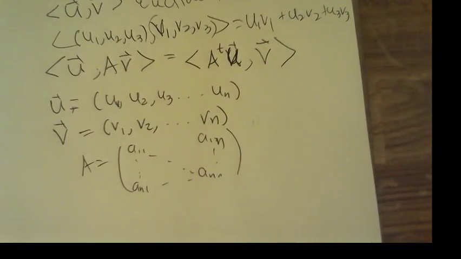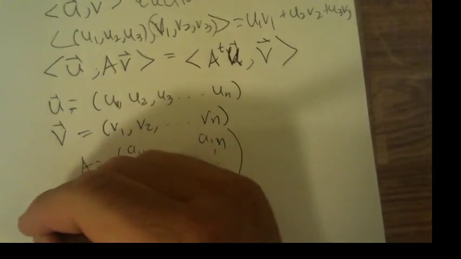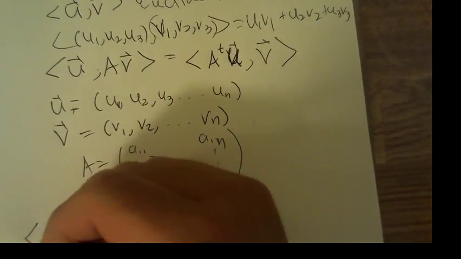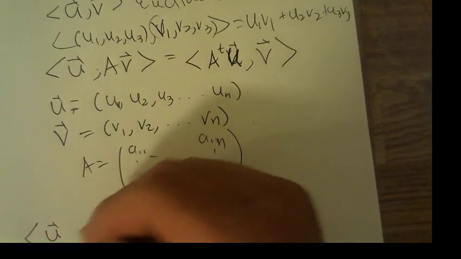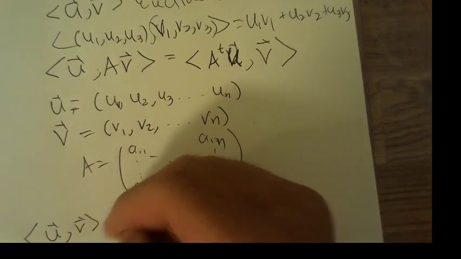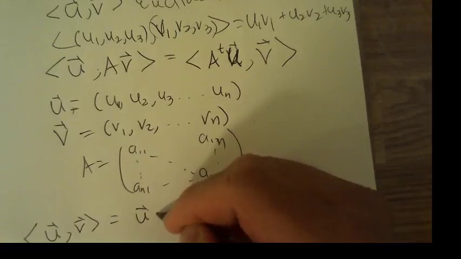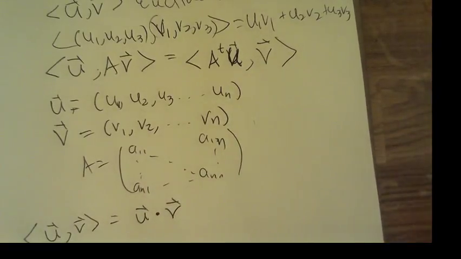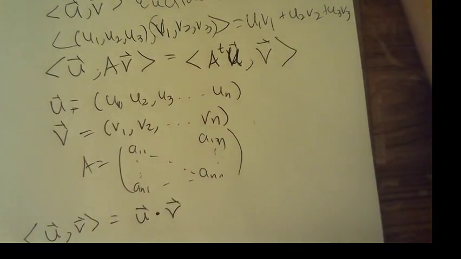Right. Okay, so if we think of the Euclidean inner product, then we define that as just our dot product, right? U dot V.